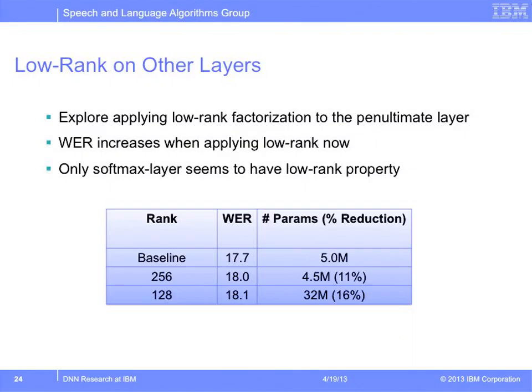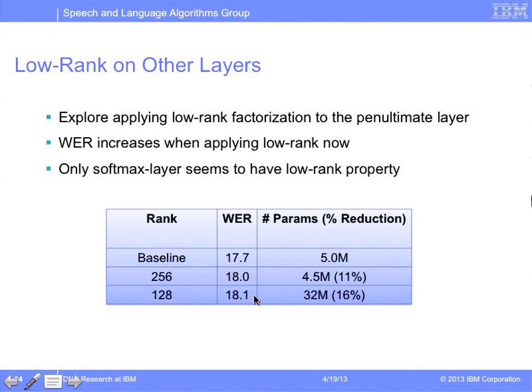Then we thought, can you do this low rank on other layers as well? So we looked at applying the same factorization to the penultimate layer. The baseline now is the 17.7 with 5 million parameters. This is the low rank applied to the final layer only. What we find is that if we apply the low rank to that second-to-last layer, even for different choices of the rank, this is not 32 million, I think I've switched this.